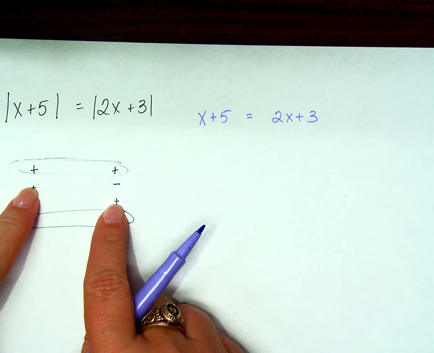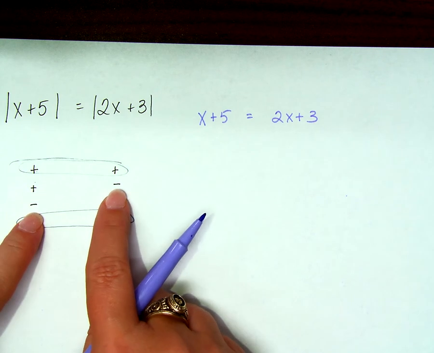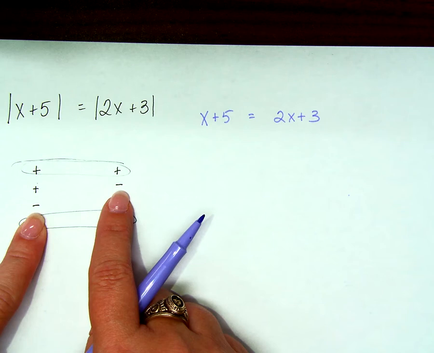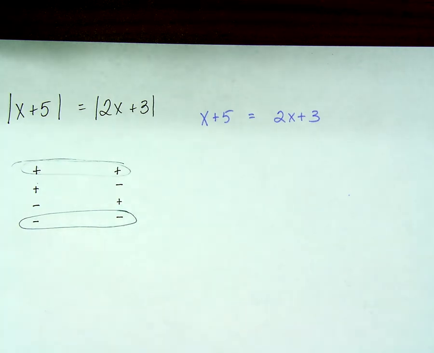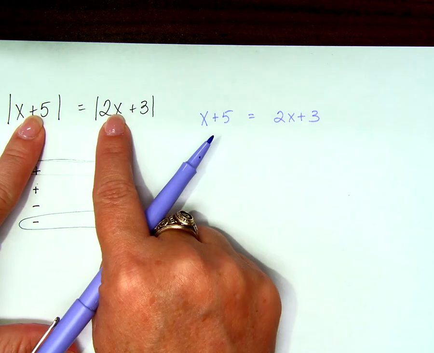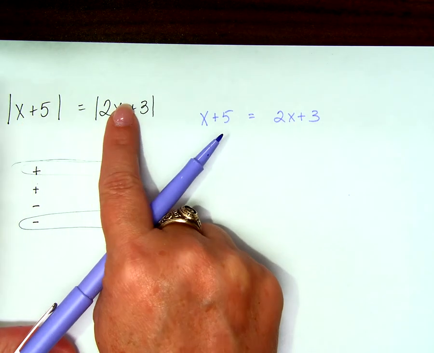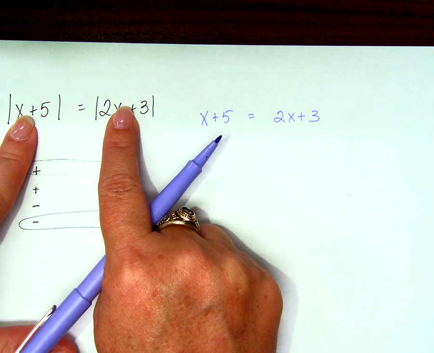So what's the other possibility? If one of them is positive and one of them is negative, which one should be positive and which one should be negative? It doesn't matter. That's exactly right. Because if I made this one positive and this one negative, I could just divide this whole thing by negative and it would be positive, except this one would be negative then, right?